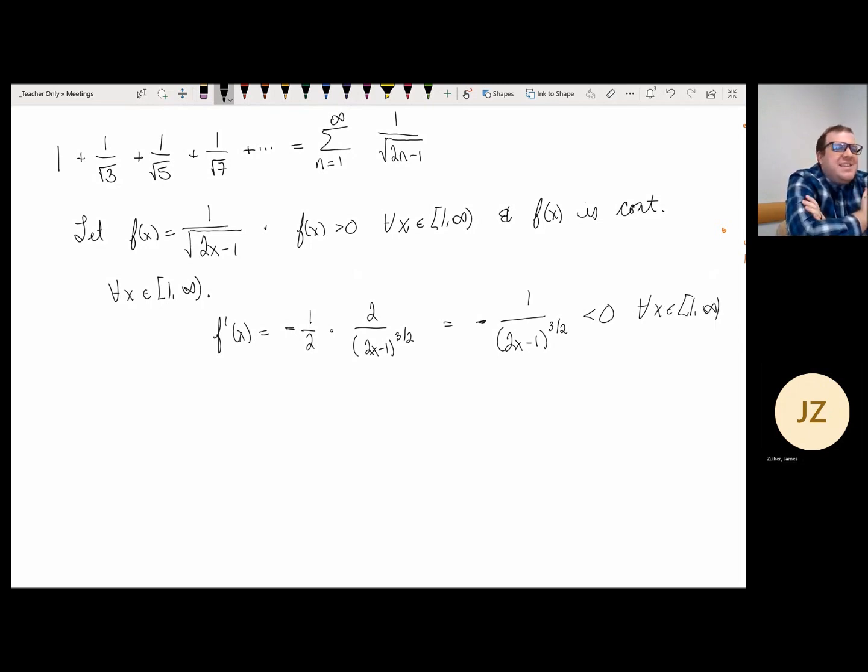So the derivative is less than 0 for all x in our interval. Hence, f is decreasing. The conditions of the integral test are satisfied.